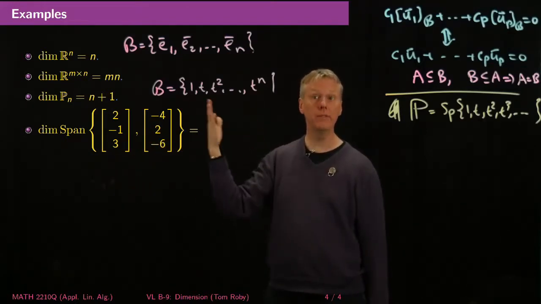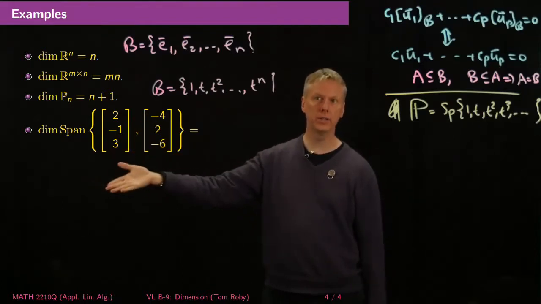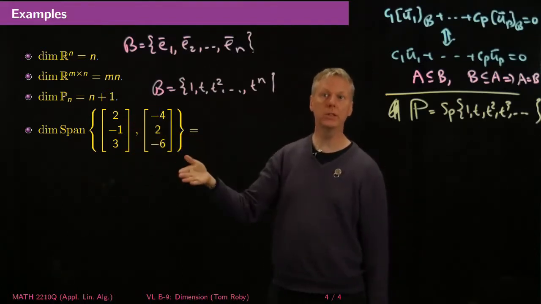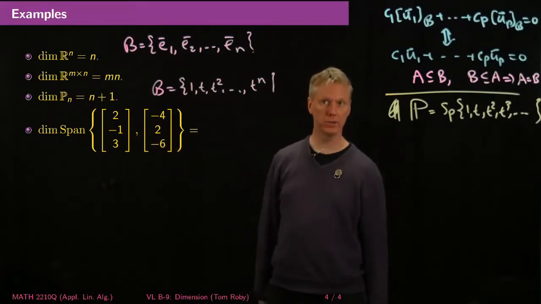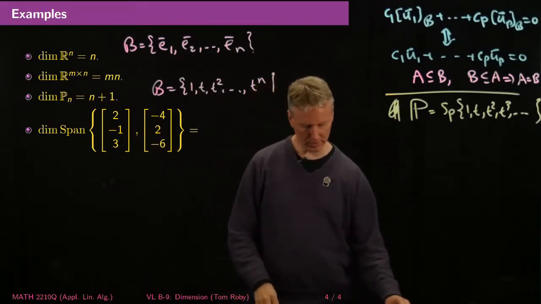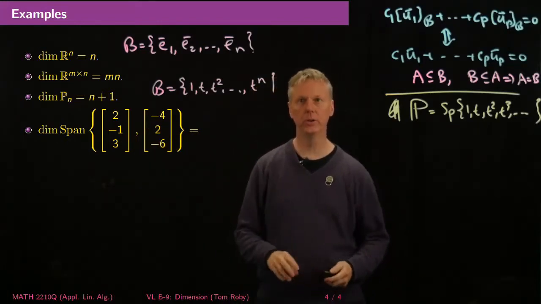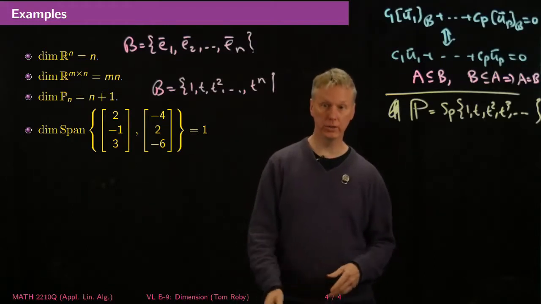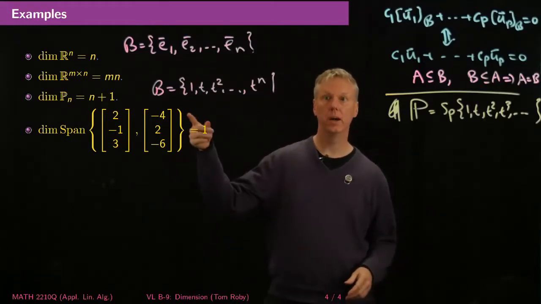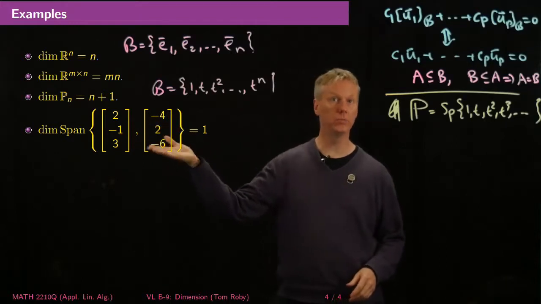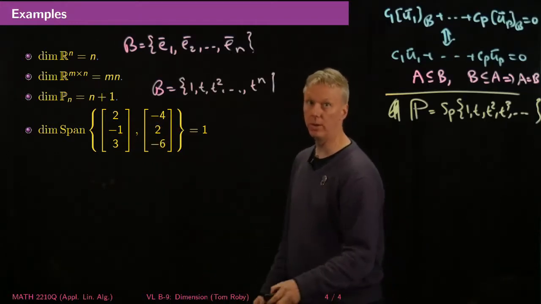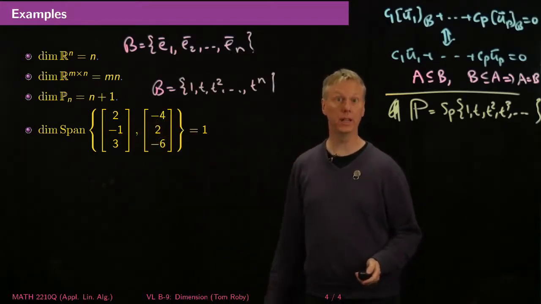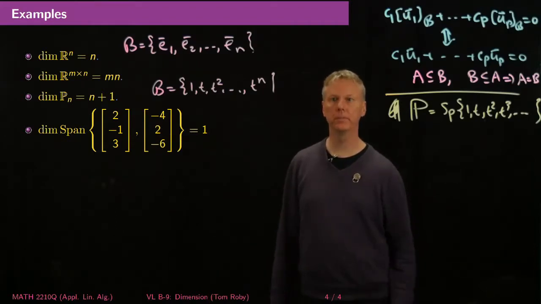So even though I have two vectors here, a basis for this would just be either one of these vectors. Okay? So the dimension of the span of this is actually equal to 1 rather than 2, because a basis would be of size 1. Just pick one of those vectors, or some other vector that's any non-zero scalar multiple of it.